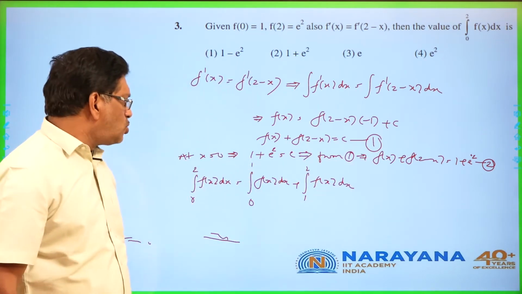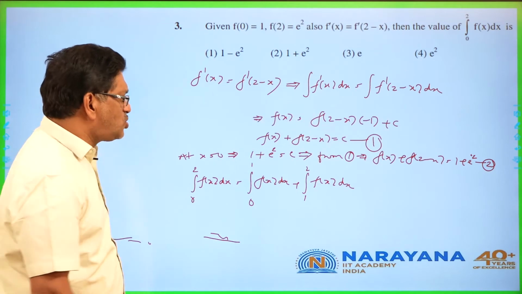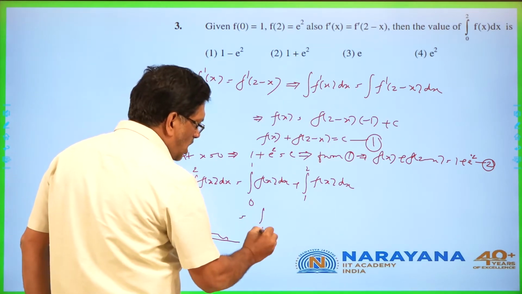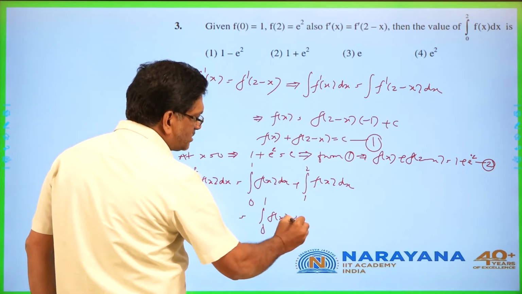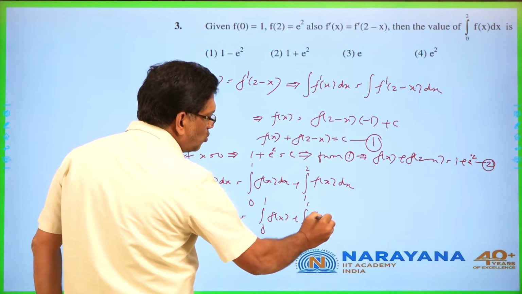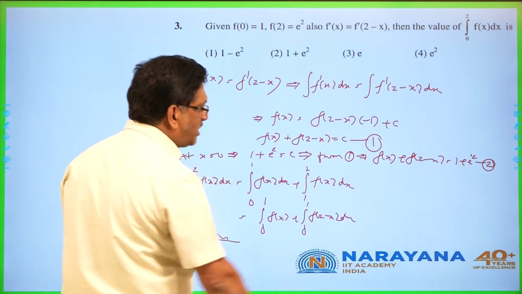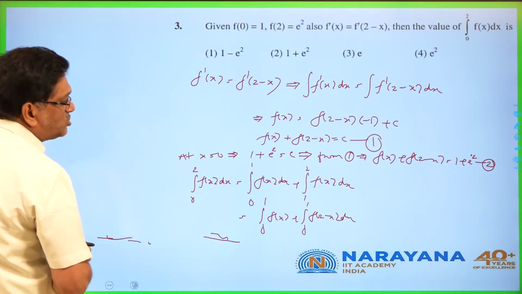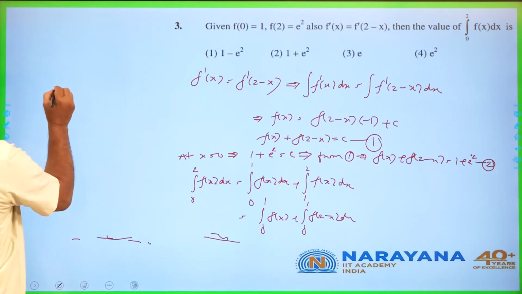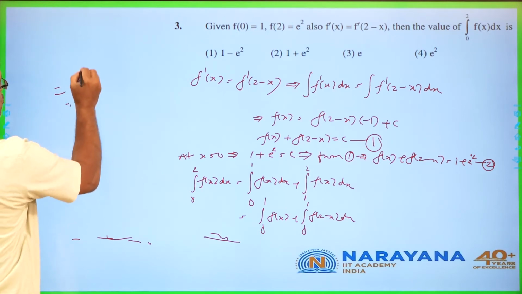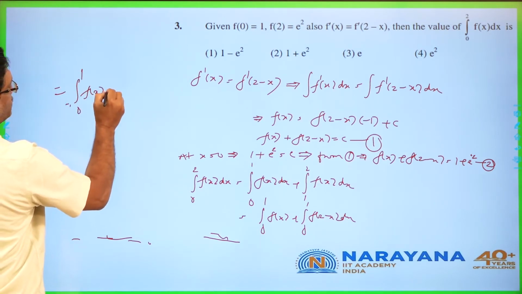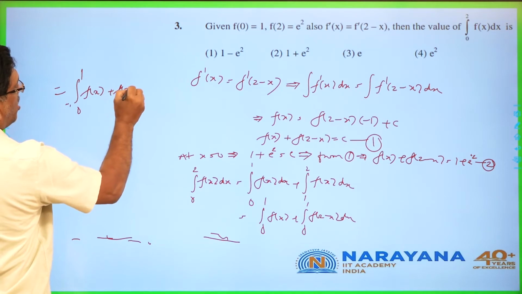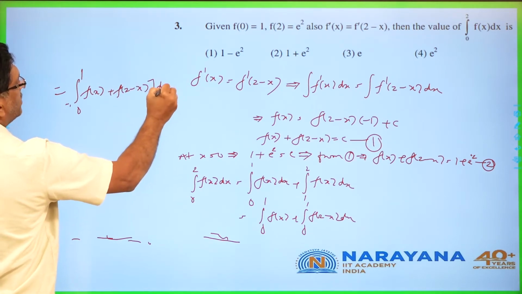But this 1 to 2 f of x dx can also be written as, you all know, 0 to 1 f of 2 minus x dx. That is only the property he has given. That is nothing but 0 to 1, so it is 0 to 1 f of x plus f of 2 minus x dx.